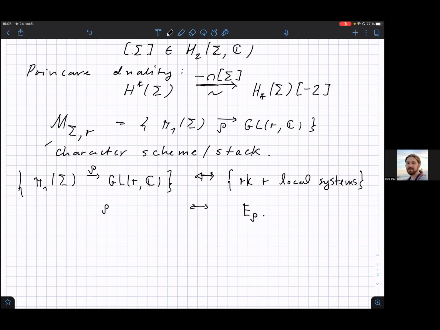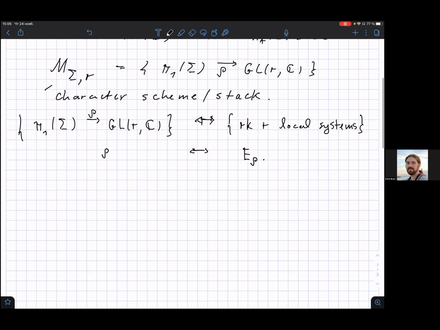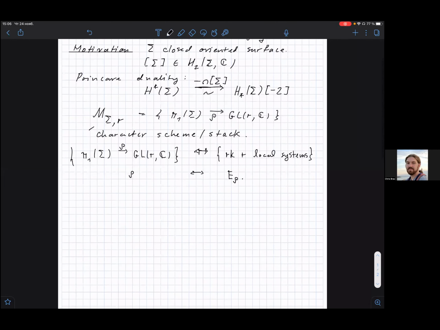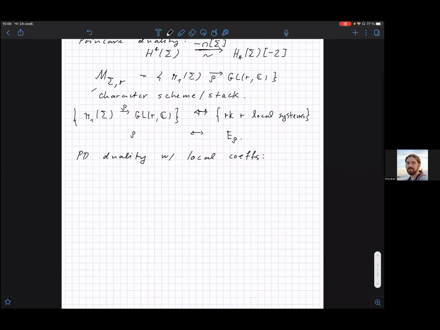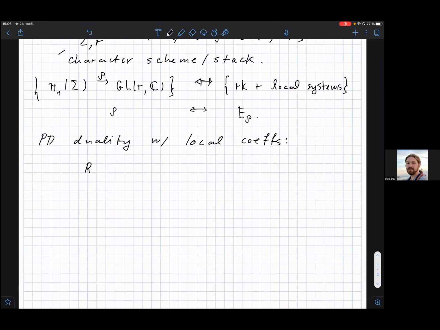Okay, and I want to involve, there's also, in fact, a Poincare duality for local systems. This is Poincare duality with local coefficients. This is maybe a little less familiar. Maybe it's not in your first book on algebraic topology. It says that I can formulate it more in the style of Serre duality, if you know what that is.